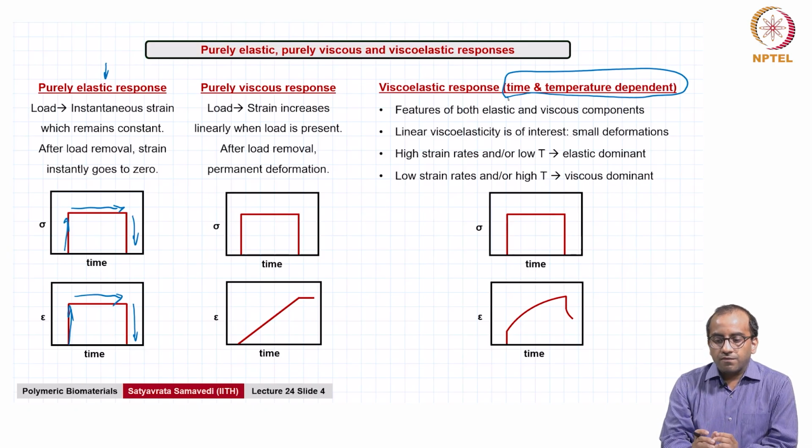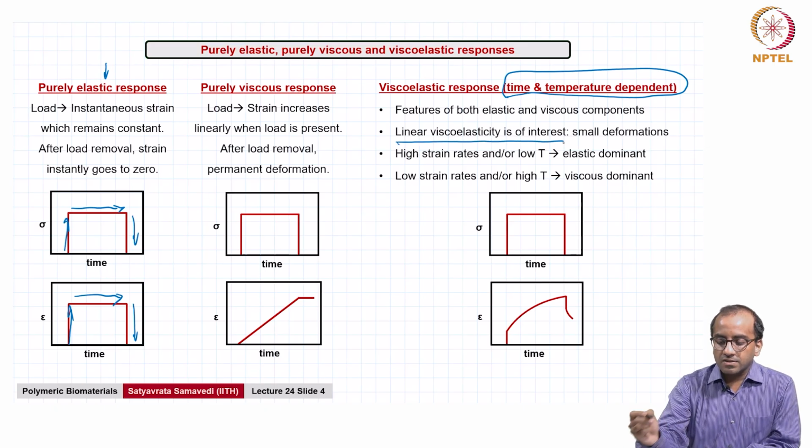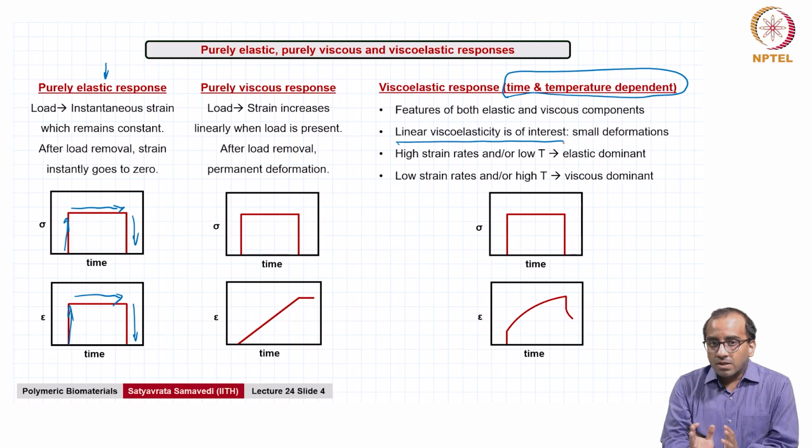Essentially we are thinking of viscoelastic responses as having features of both elastic and viscous components, and that is one way to think about it. And our interest here is what you would call linear viscoelasticity, which is usually applicable for small deformations or small loads. Essentially you are not making any permanent changes to the microstructure of the polymer in applying these deformations.